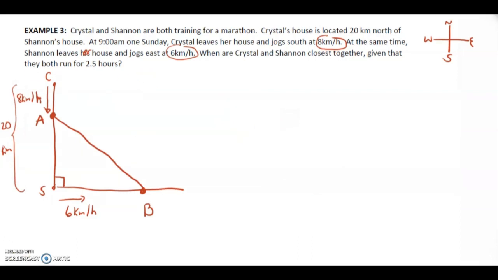Okay, so let's write down some information to organize our thoughts. Crystal starts at point C, and reaches, we're going to call it point A, after t hours.